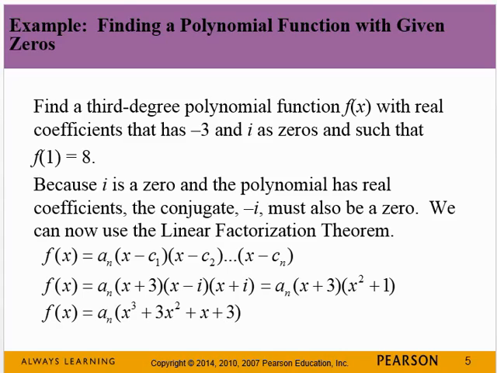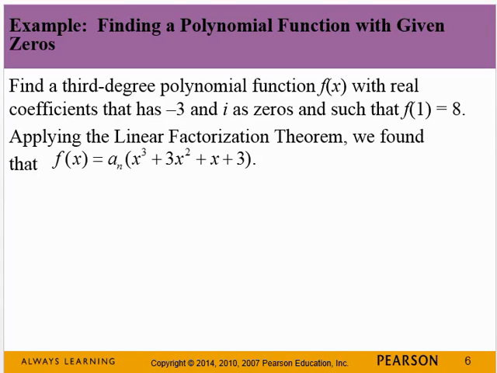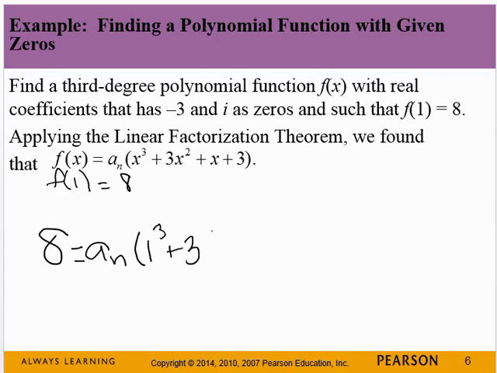So your next piece of this puzzle would be setting up the equation to solve for what your a sub n would be. So if you know f of 1 equals 8, so f of 1 would make that 8. You have 8 equals a sub n times 1 cubed plus 3 times 1 squared plus 1 plus 3.